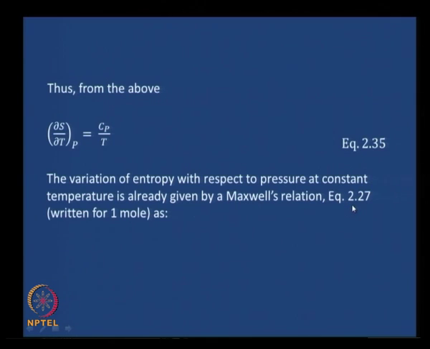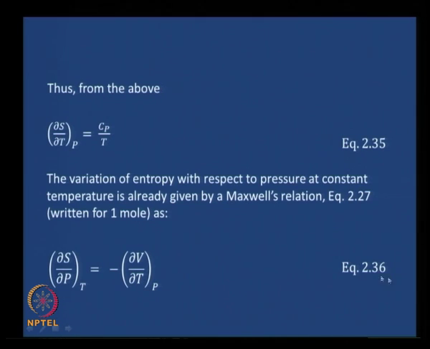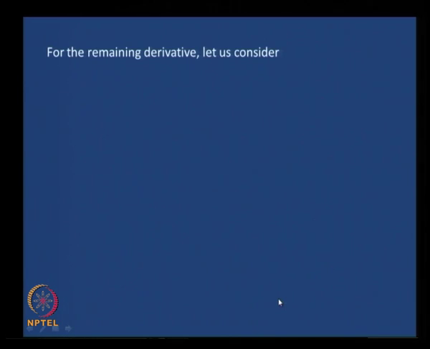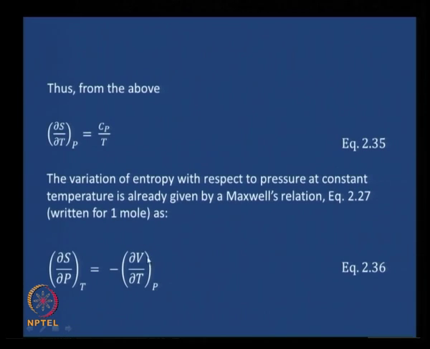Actually equation 2.27 written for 1 mole was ∂S/∂P at constant T equals minus ∂V/∂T at constant P. Let us call this equation 2.36, and therefore that takes care of 3 different parts of the question. There is one more part that is remaining.